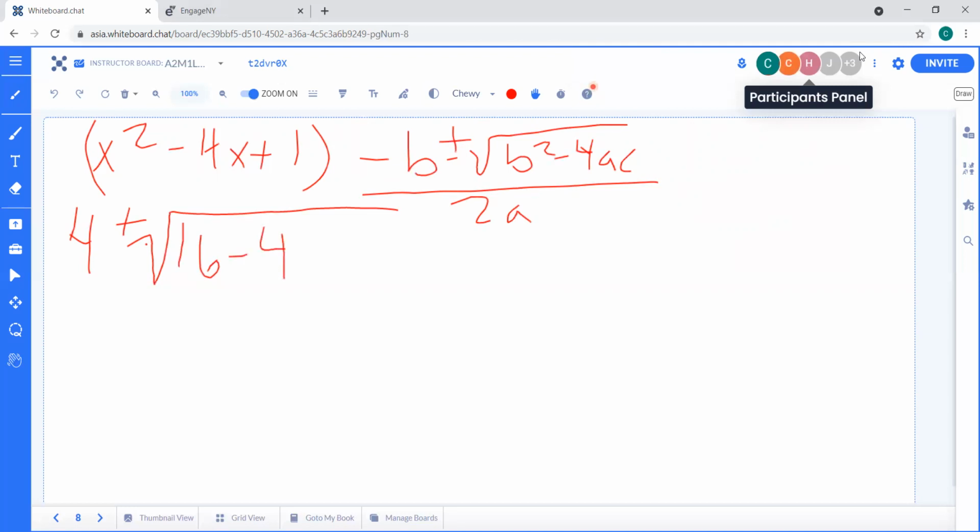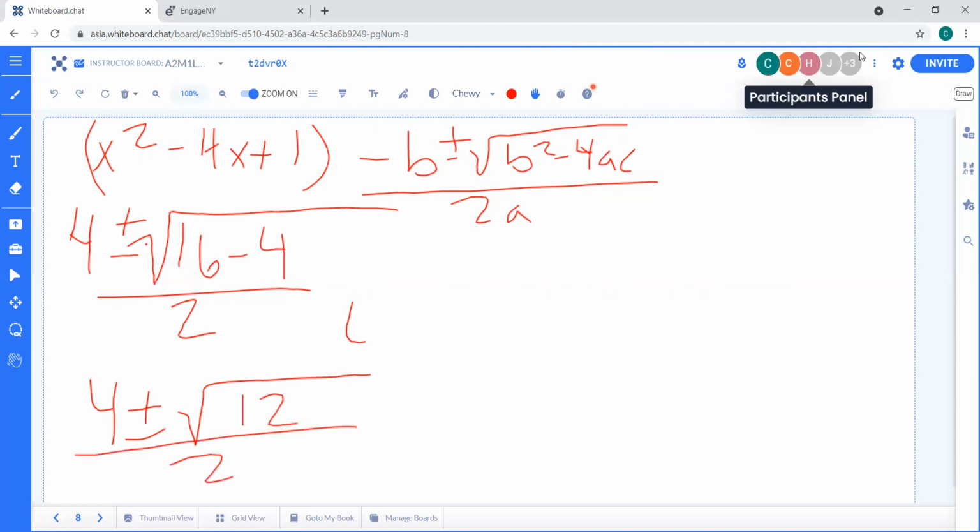It's just going to be 4, right? Because 4 times 1 is 4 times 4 is 4. So we're just going to leave it like that. And 2a, well, 2 times 1 is 2, so it's all over 2. So we have 4 plus or minus the square root of 12 over 2.